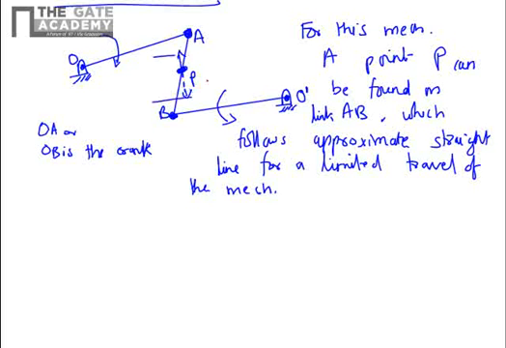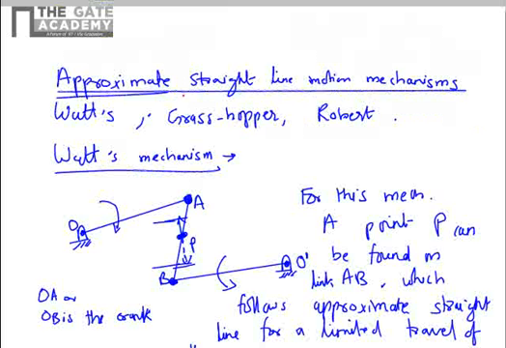The entire crank revolution will not be possible. It will not be traversing a full straight line, but for some limited range it will follow the straight line. That's why it's an approximate straight line mechanism.